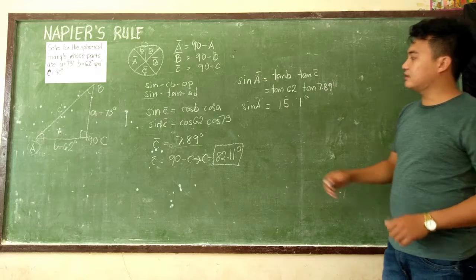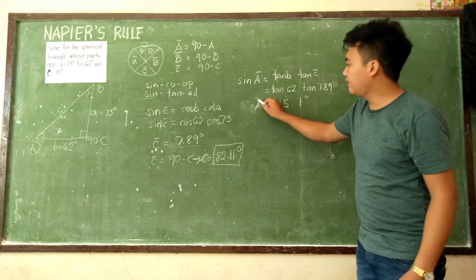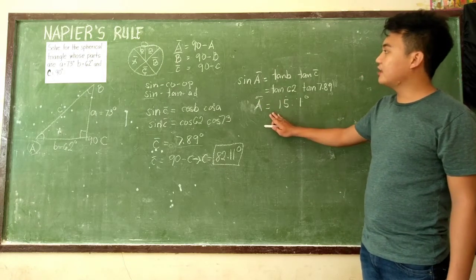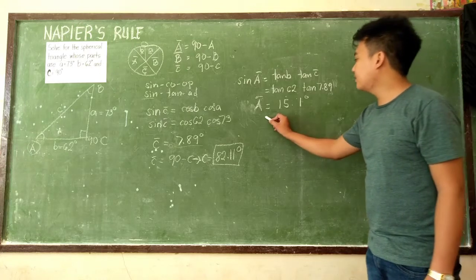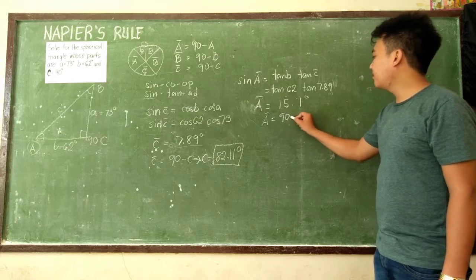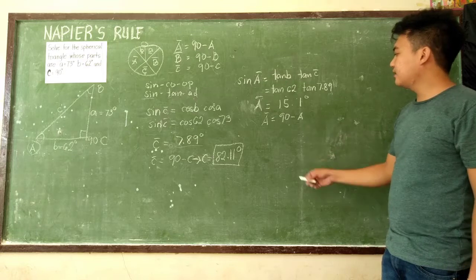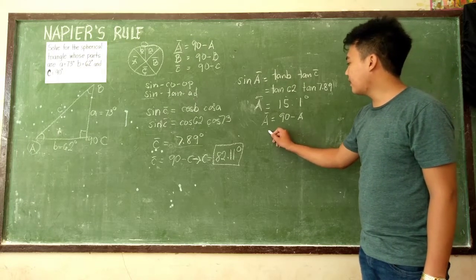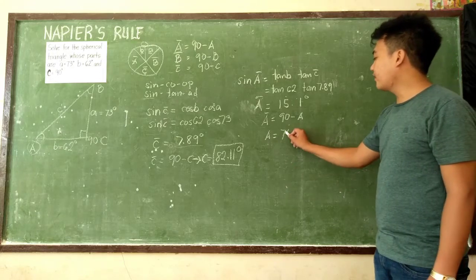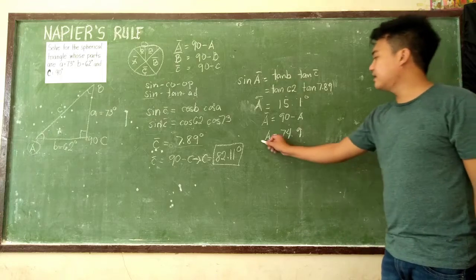So that is the value of our A bar. So since it is A bar, we now find the value of A. So it will become A bar is equal to 90 minus A. Then simplify. So the value of our A is equal to 74.9 degrees. So that is the value of our A.